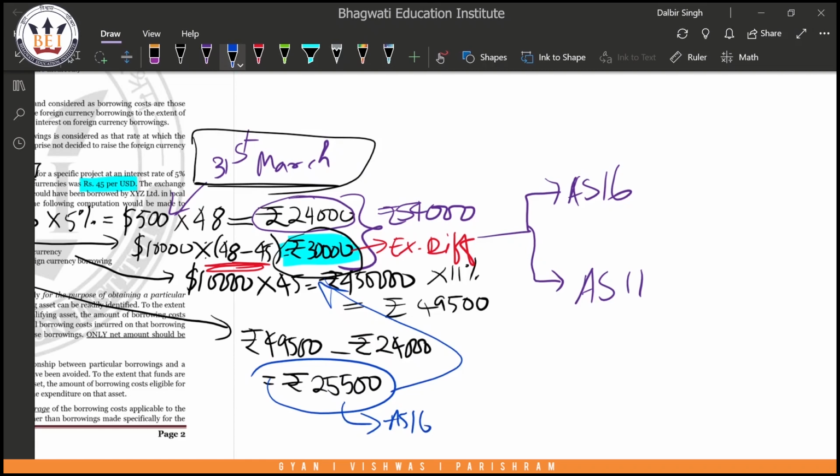So out of the total 30,000 of exchange difference, I am going to consider 25,500 as interest, as borrowing cost.